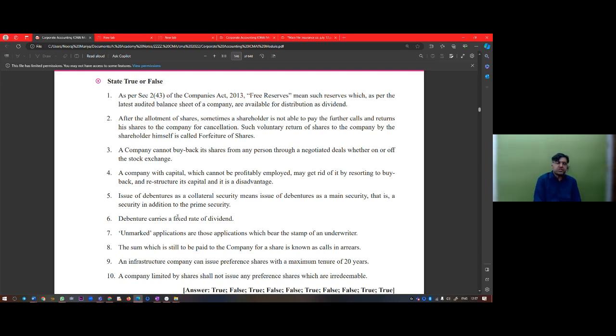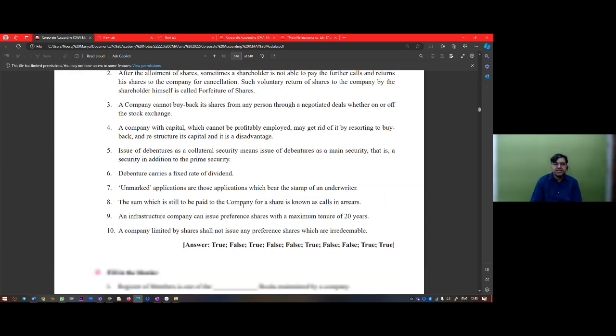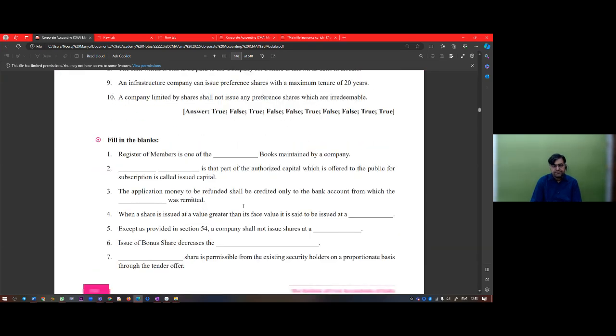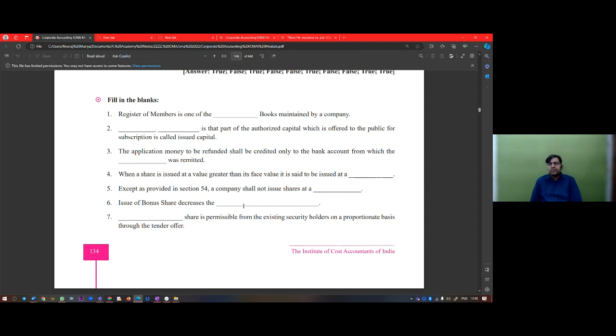An infrastructure company can issue preference shares with tenure exceeding 20 years. A company limited by shares cannot issue preference shares which are irredeemable. Nobody can issue shares which are irredeemable. The register of members is one of the statutory books to be maintained by the company.